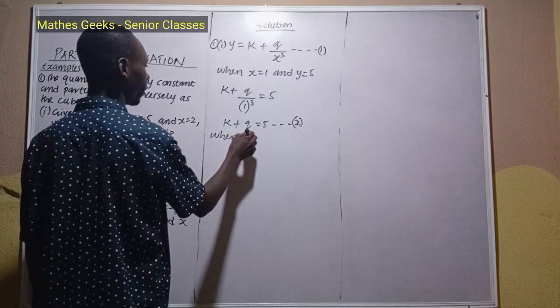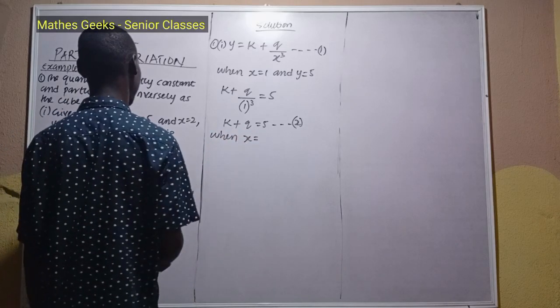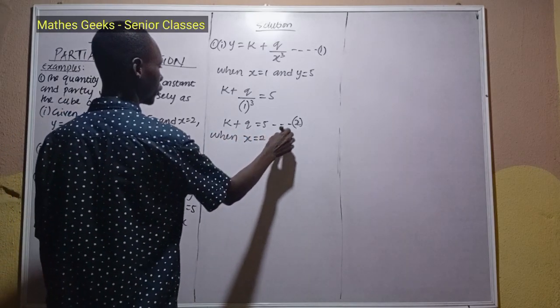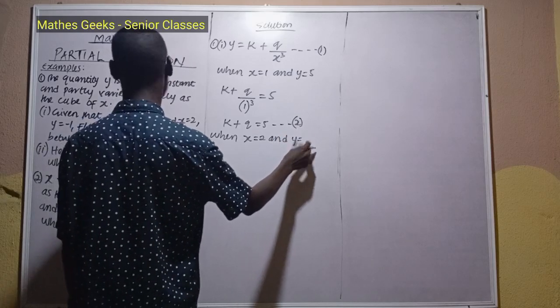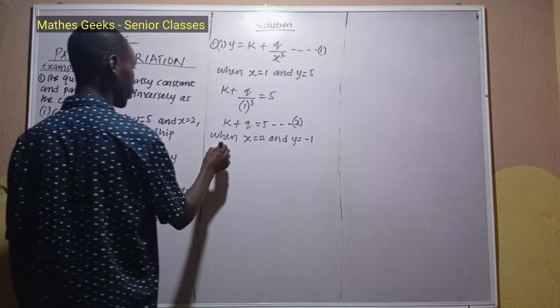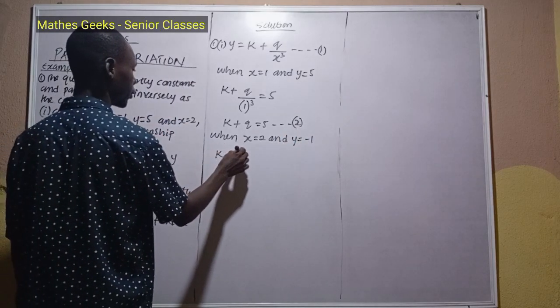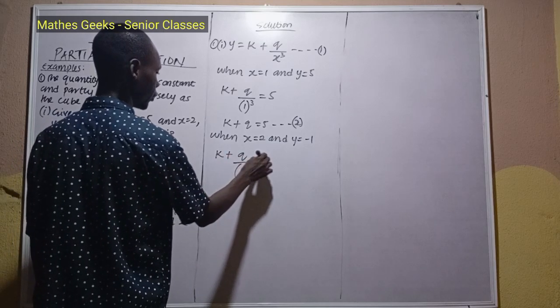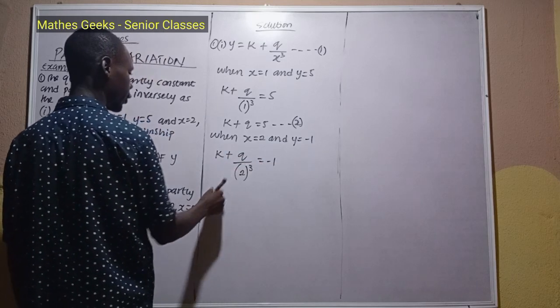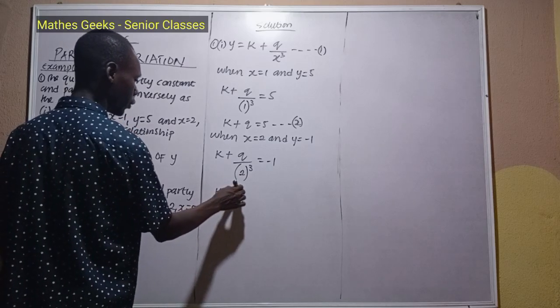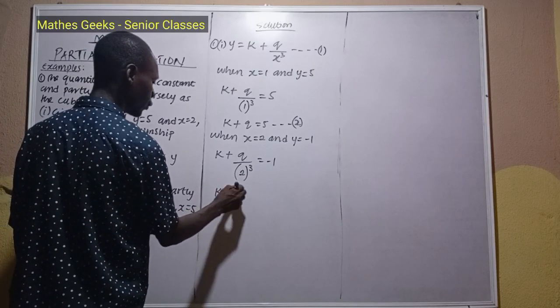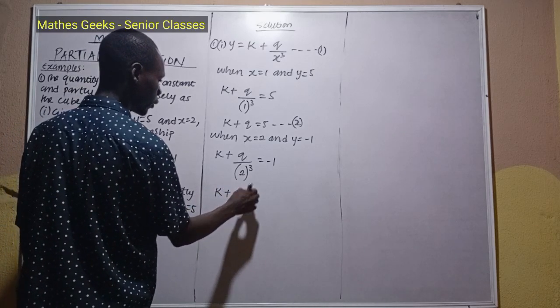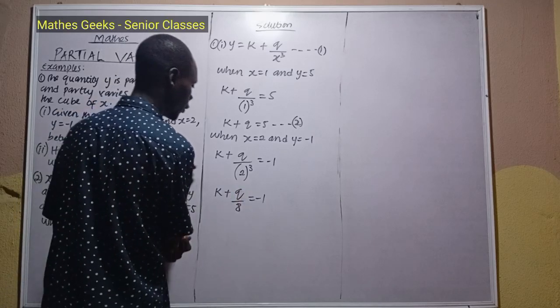When x is equal to 2 and y is minus 1, the equation becomes p plus q over 2 raised to power 3. 2 raised to power 3 is 8. So p plus q over 8 equals minus 1.